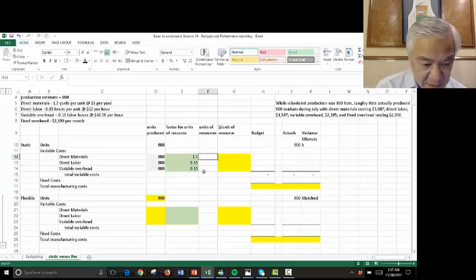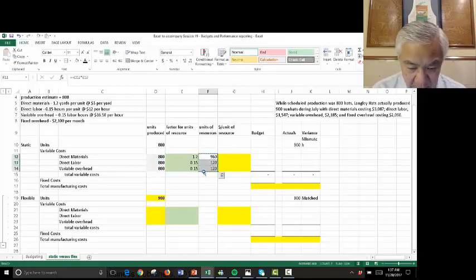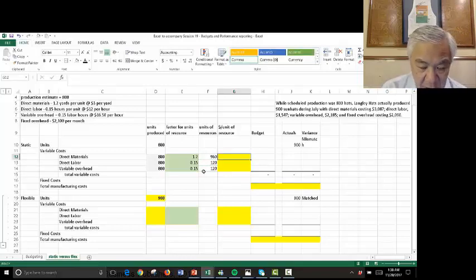And the units of resource is 800 times 1.2, and so copy that. This means 960 yards of fabric, 120 hours of direct labor, and 120 hours worth of overhead. The unit cost is the cost per yard, $3, the cost per hour, $12, or the allocation rate per hour, $16.50.